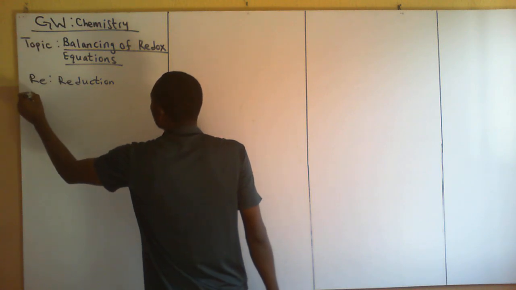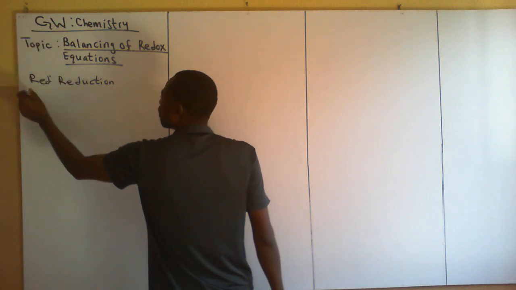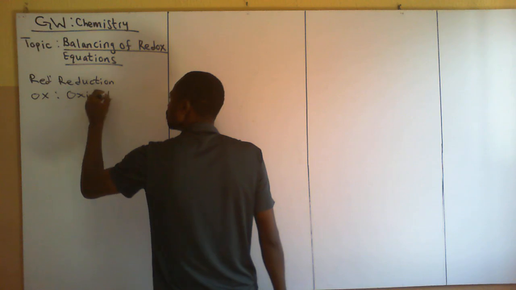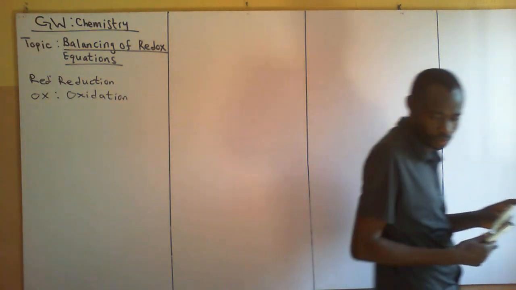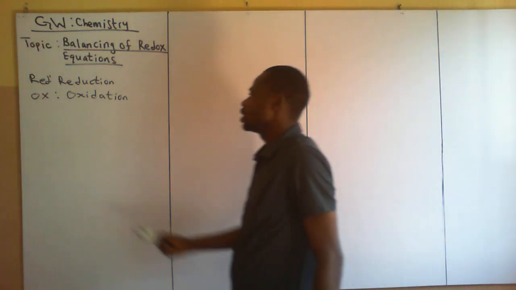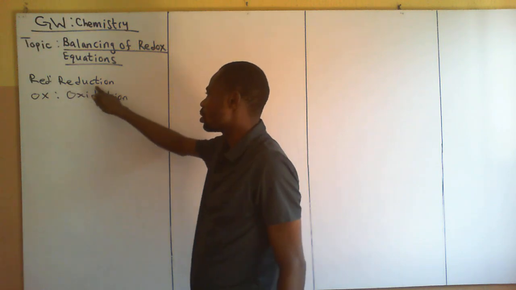While we have R, redox equation is reduction, while ox represents oxidation. So these are the two things we have to think about first. We have to know the meaning of reduction.